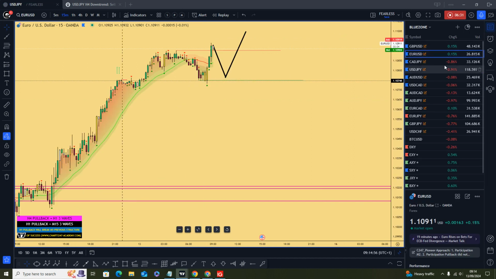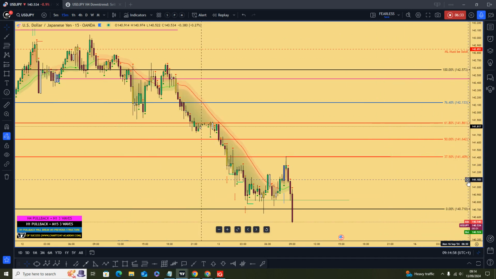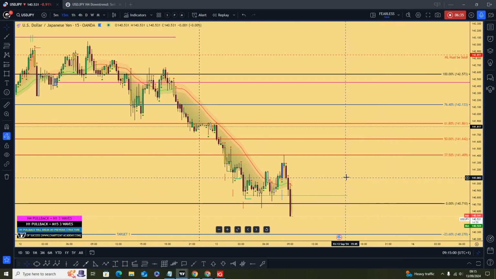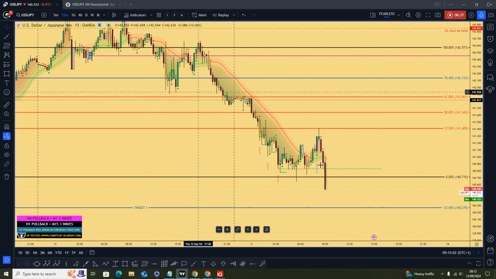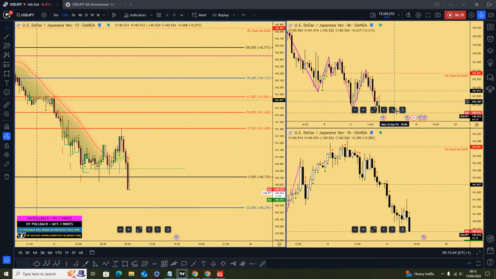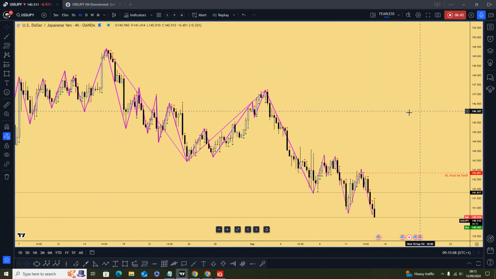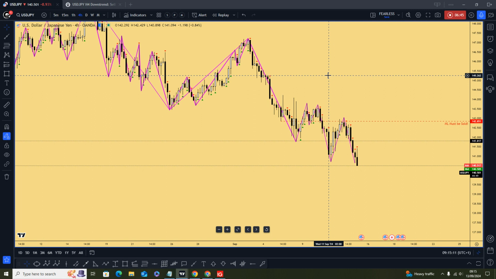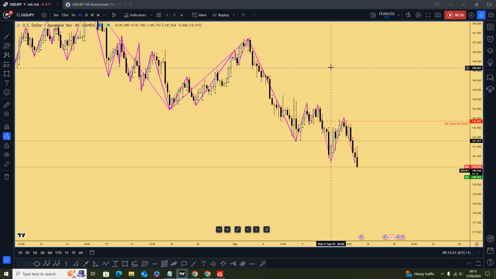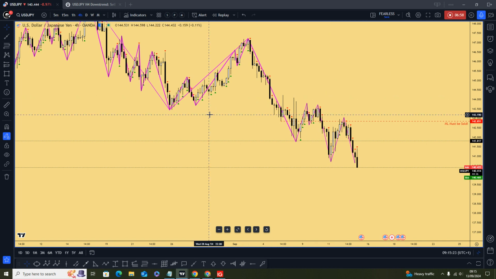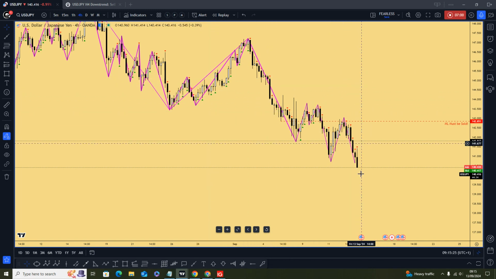Let's look at the dollar yen. We've been trading the yen pairs all week, and as you can see, let's go to the 4-hour chart. This is very important. I was saying the other day that if you want to sell the dollar, the best pair to sell it against is the Japanese yen, based on the overriding trend that has been happening and is very strong in one direction.